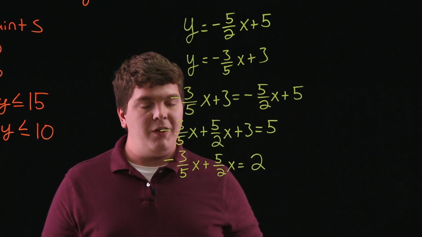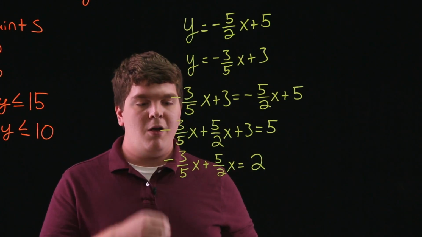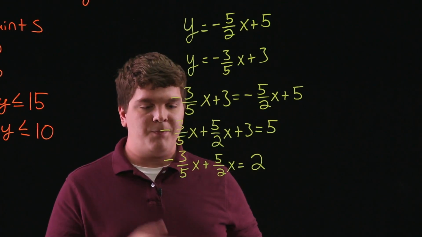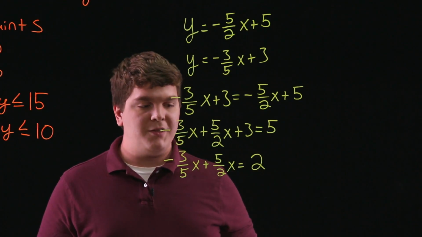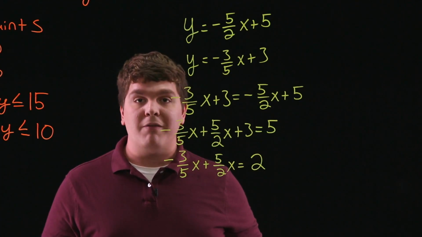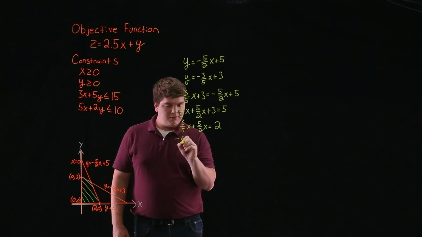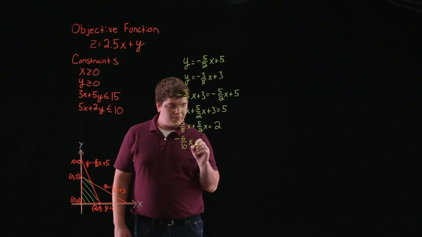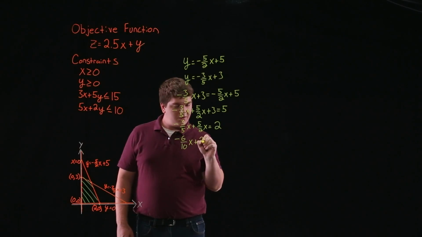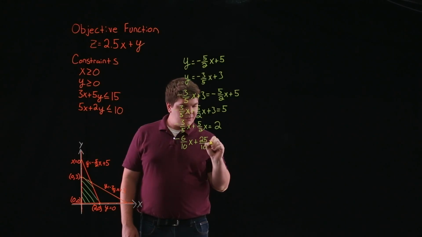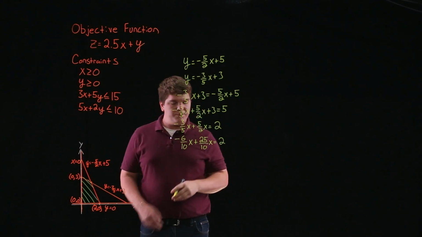Now at this stage, we can go ahead and get common denominators. We'll multiply negative 3/5 by 2 divided by 2, and we'll multiply 5/2 by 5 divided by 5. So here we'll have negative 6/10 x plus 25/10 x equals 2.